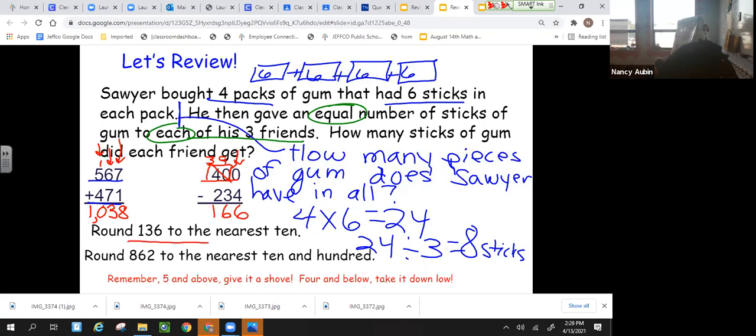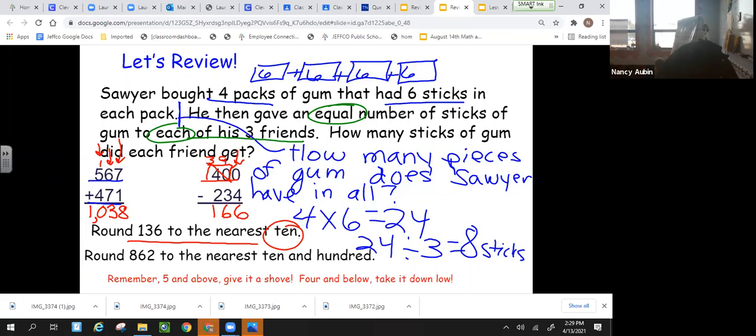Round 136 to the nearest 10. Go for it. Hold it up when you have it. Round 136 to the nearest 10. Is it going to be closer to 130 or 140?